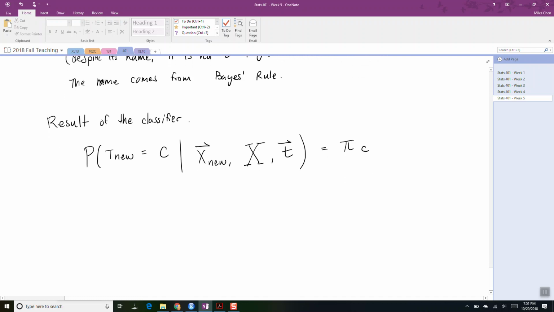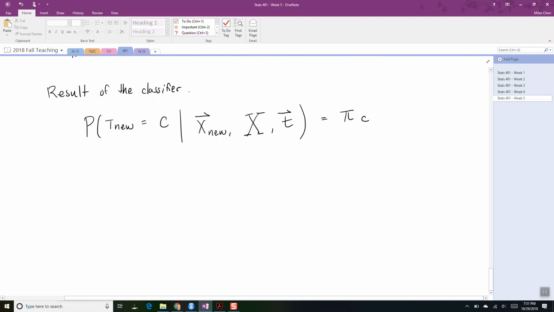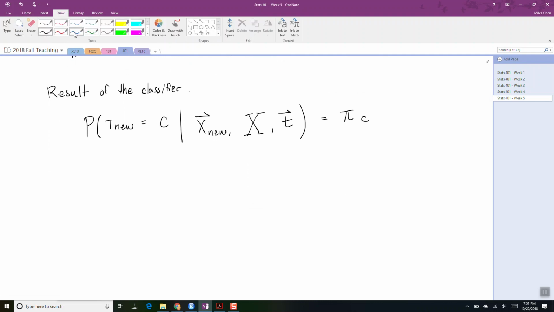Let me go explain the notation of each of these pieces here. T is going to be the class.